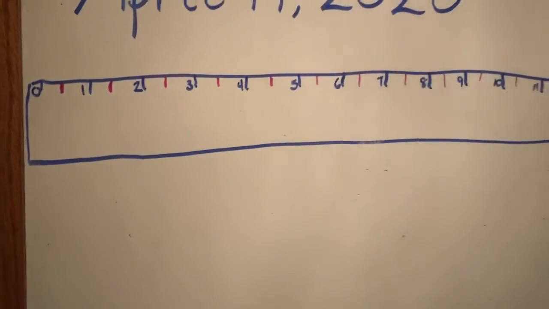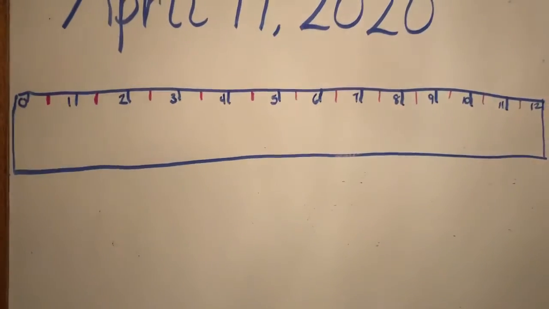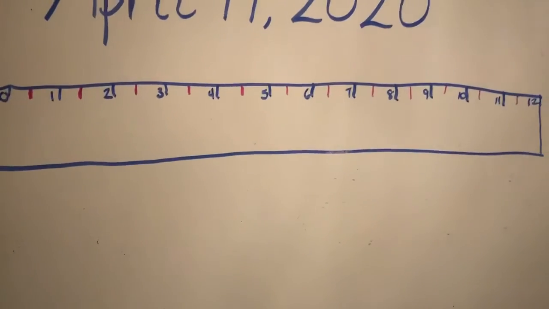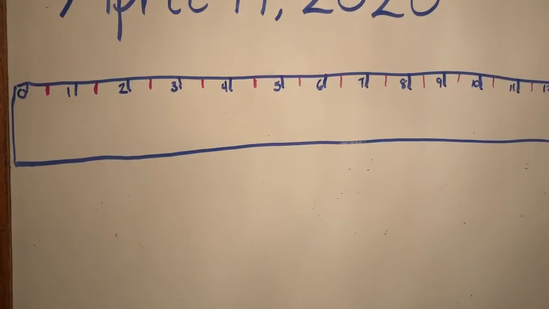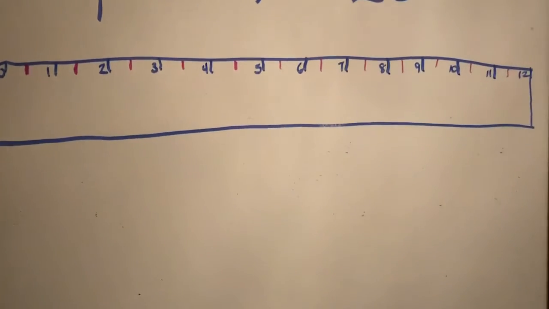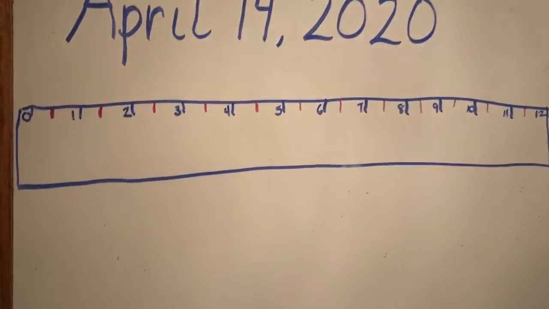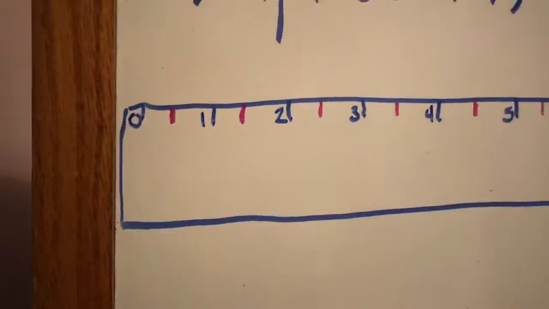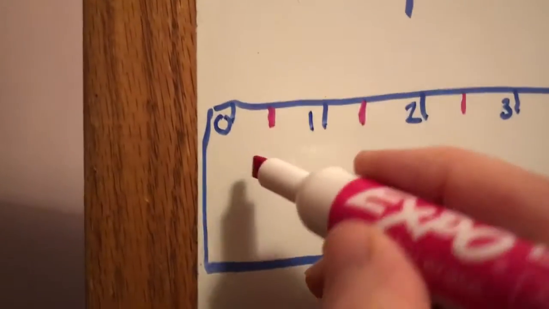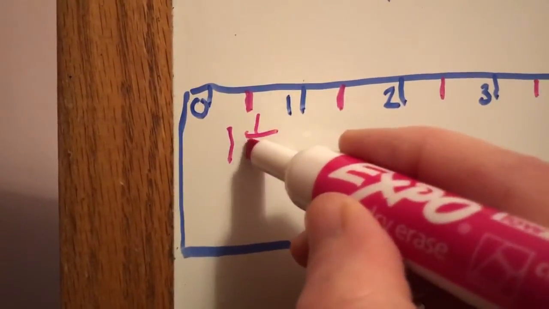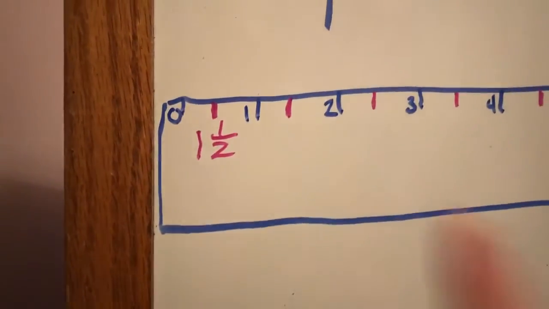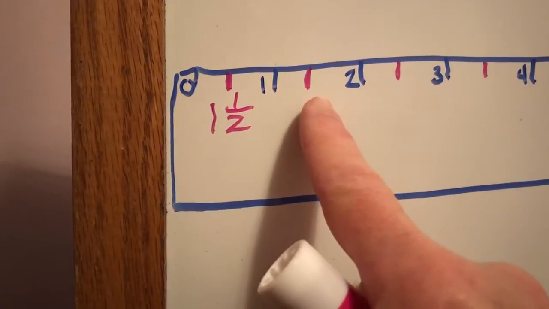We're going to count down the ruler, and I'm going to write those numbers so that you can be reminded what those fractions look like when we write the number 1/2, because we're going to be writing that a lot, okay? So here we go. We have 0, 1 and 1/2, 1, and what would this be?